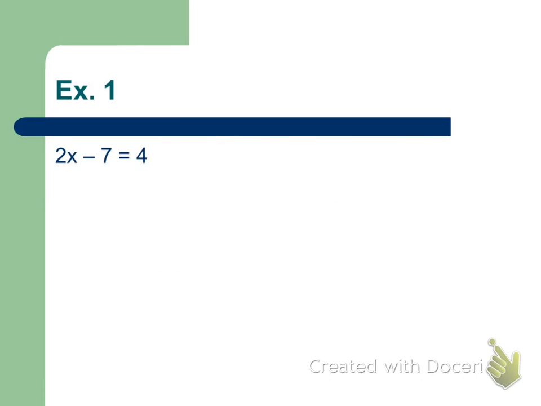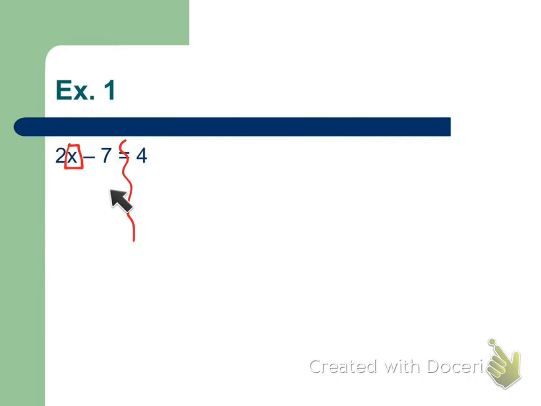Alright, let's practice doing that. So I'm still going to box in my variable so that I can focus on it, and split up my equation so I can tell the difference between the two sides. But this time I've got more than one thing going on.